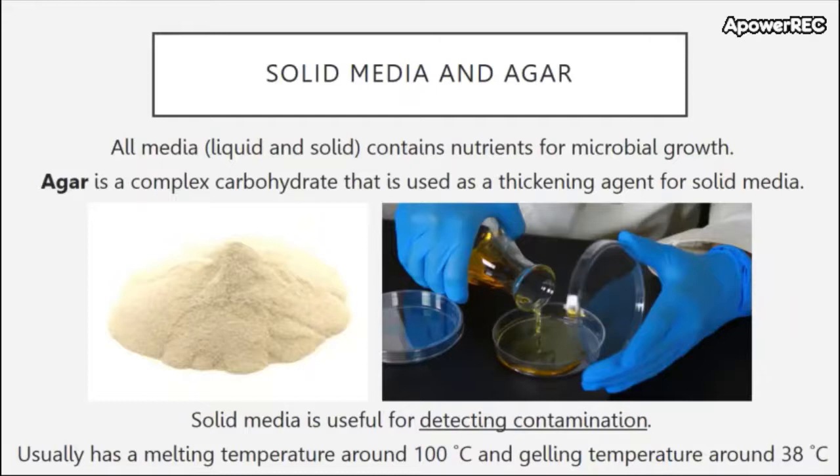Let's first talk about solid media and agar. So all media, whether it's a liquid or a solid, contains the necessary nutrients for microbial growth. However, solid media contains agar. Agar is a complex carbohydrate. It comes from kelp or algae, and it is used as a thickening agent for solid media.